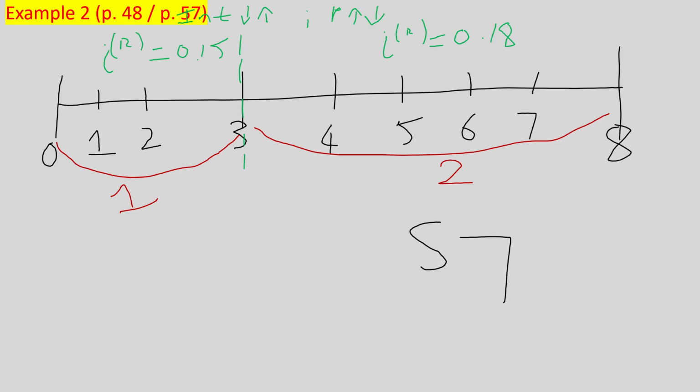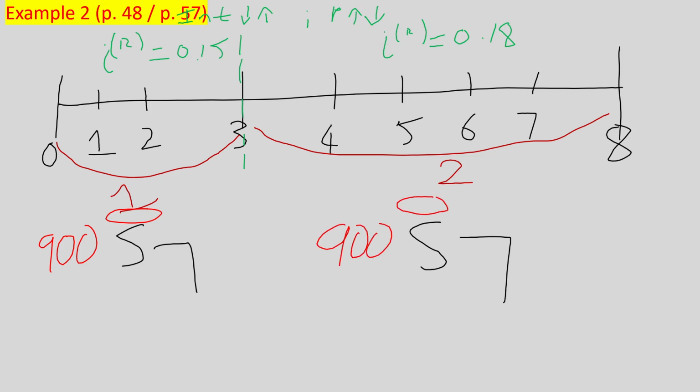So we have to split it up into these two calculations. For annuity 1, I'm going to get a future value. For annuity 2, I'm going to get a future value. The payment for both of them is 900 at the end of each month. So that's a 900, nothing on top of the S there. That's a 900, nothing on top of the S there.